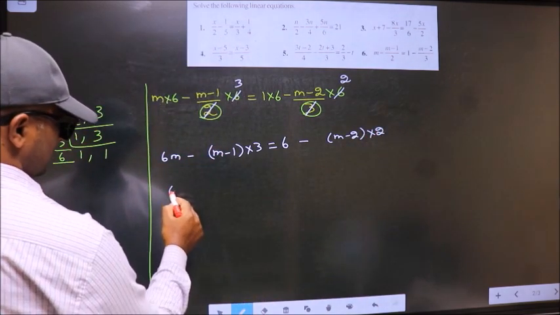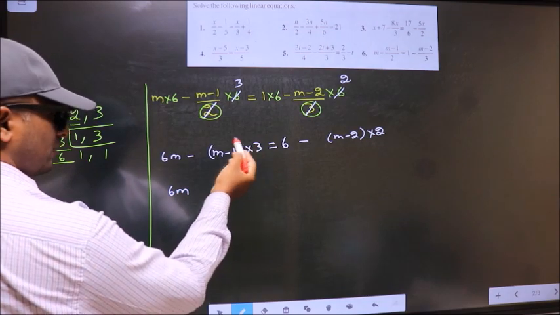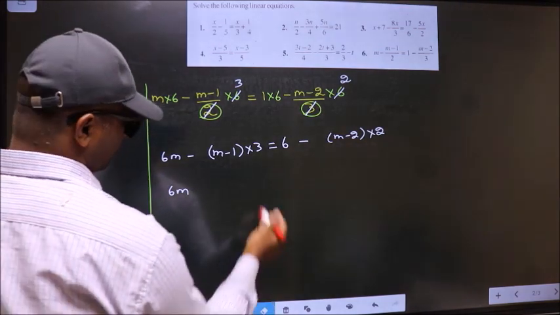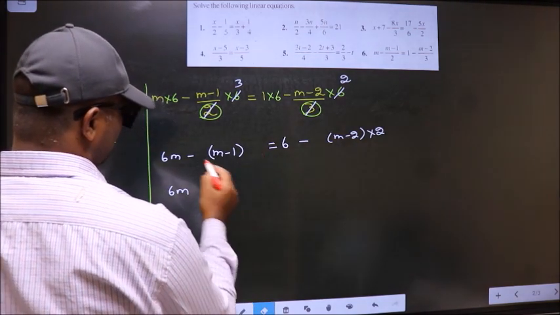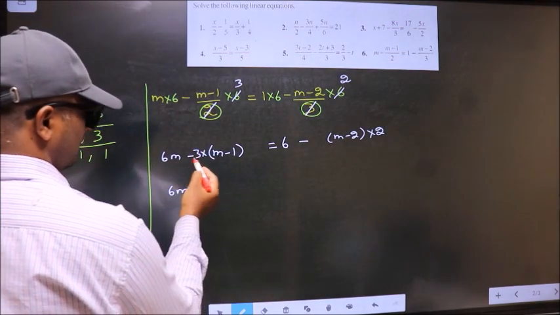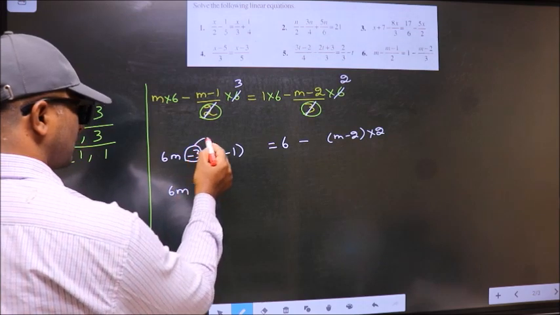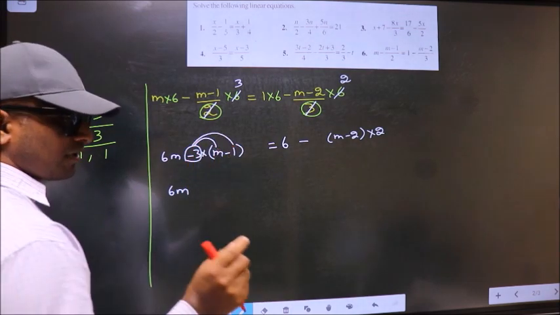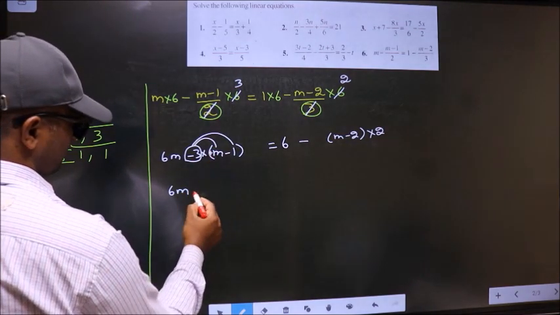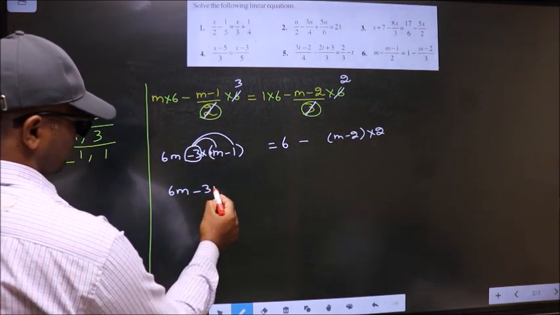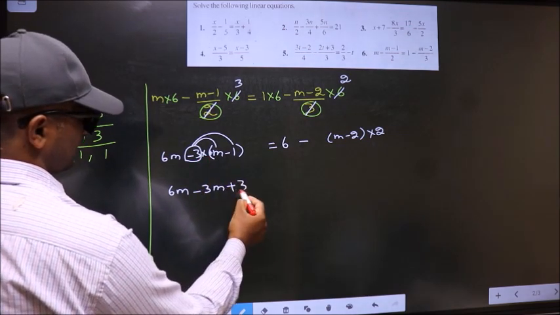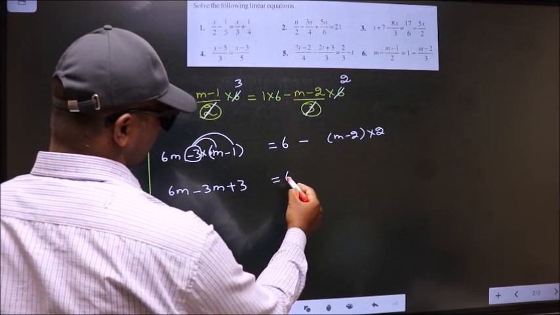Next, 6m. Now before you multiply with 3, what I want you to do is, you write this into 3 here before the brackets. Now you should open the brackets with negative 3. Okay. Next. Now minus into plus, minus 3 into m, 3m. Minus into minus plus 3 into 1, 3 equal to 6.